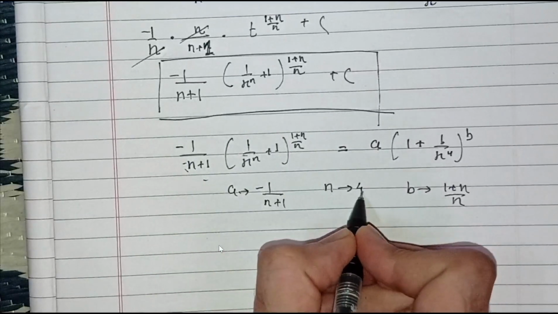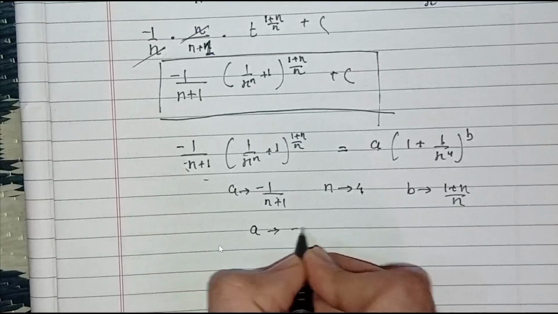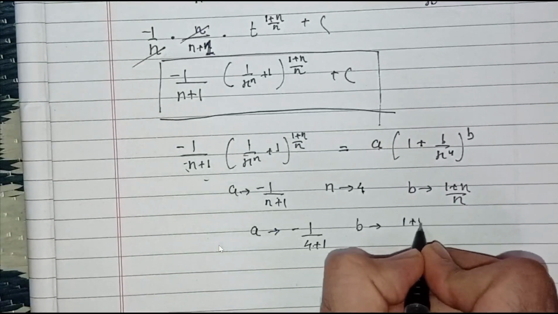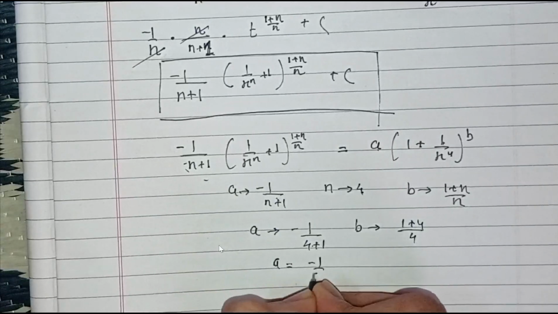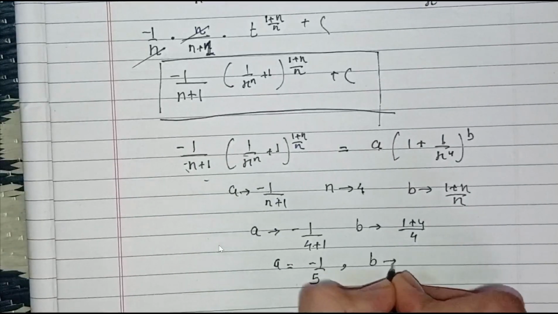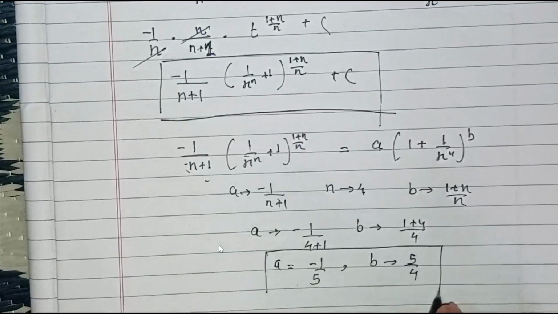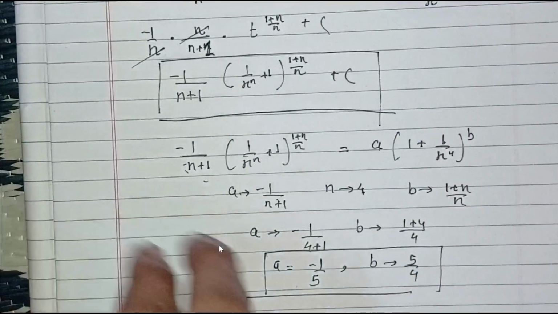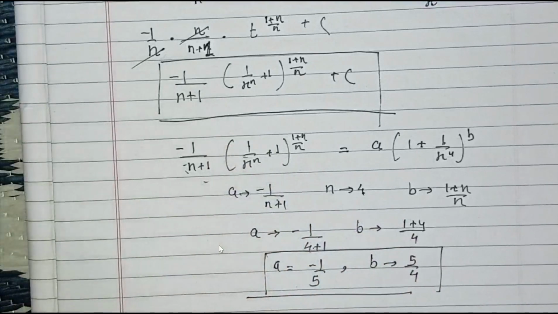So putting the value of n in these two terms, a will be -1/(4+1), and b will be (1+4)/4. So a will be -1/5, and b will be 5/4. So this is the value of a and b which I have got after comparing with what we got after integration.